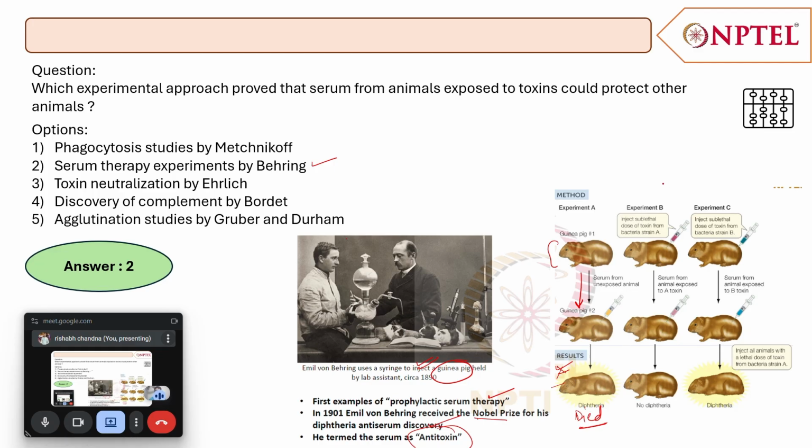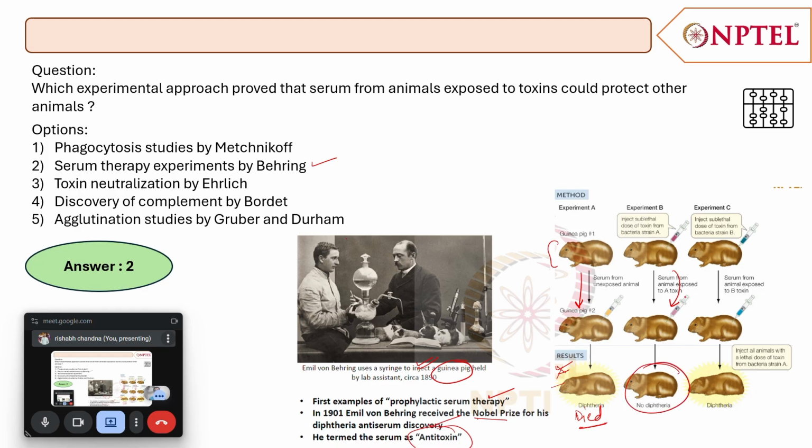In the other experiment, B, a guinea pig was initially induced with diphtheria, but then the serum from this particular strain was injected into another normal guinea pig, and after the diphtheria was induced, the guinea pig was normal.